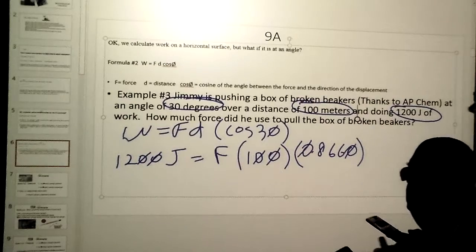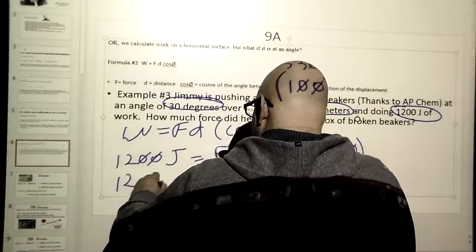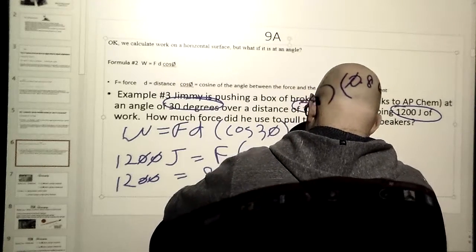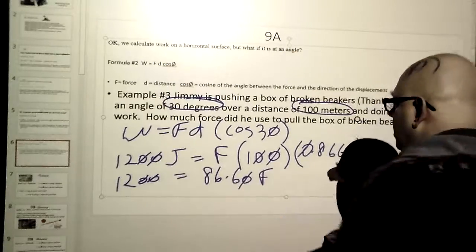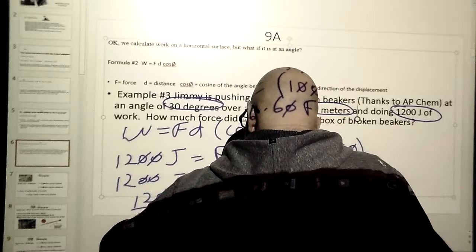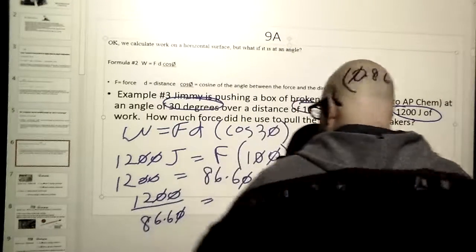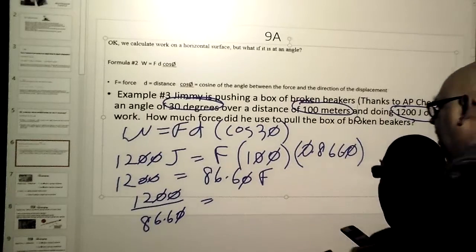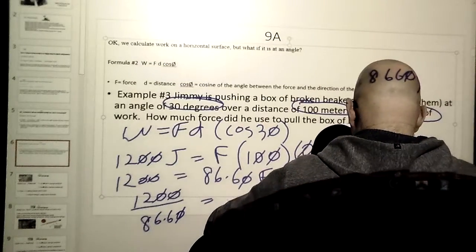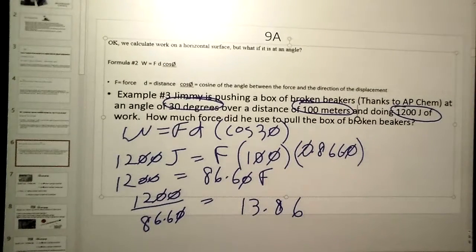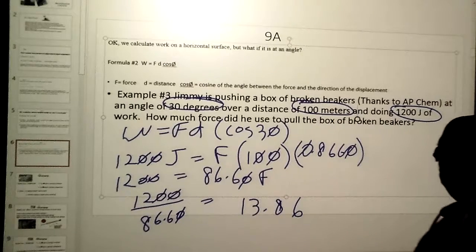So that gives us 1200 is equal to 86.60 times F. So we can say 1200 divided by 86.60, and we walk away with 13.86. Wow, that's not a lot of force that's put in.